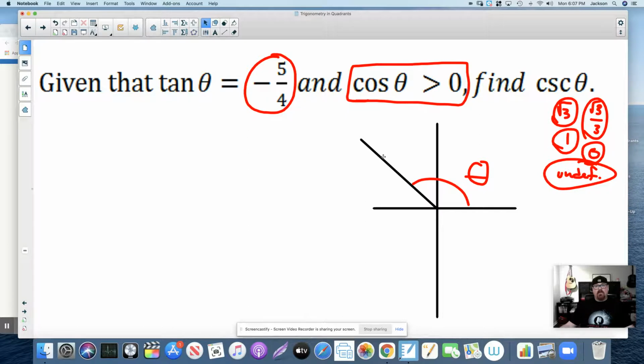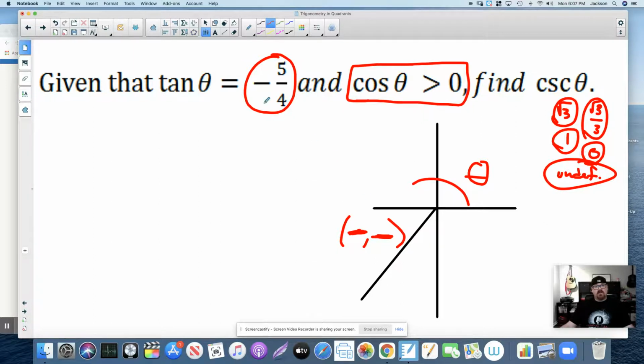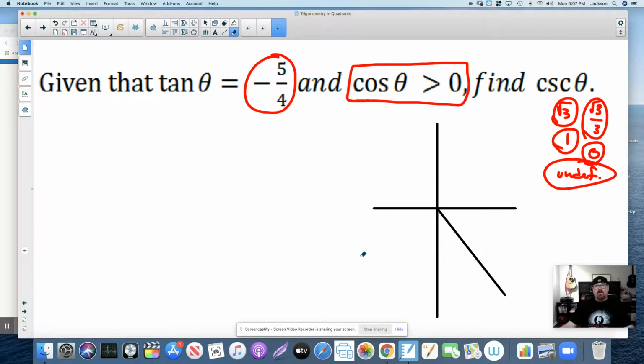The same rule applies down here in quadrant 3. Any angle that terminates in quadrant 3 has a negative cosine value, and because both sine and cosine are negative down here, when I do y over x, I get a positive tangent value, which doesn't fit this description. Ergo, therefore, I know that the angle in question has to terminate in quadrant 4.